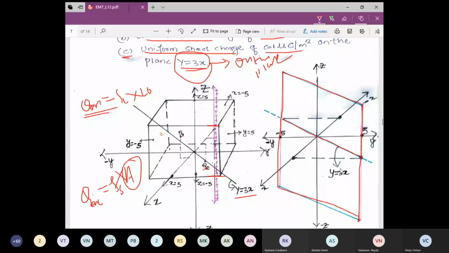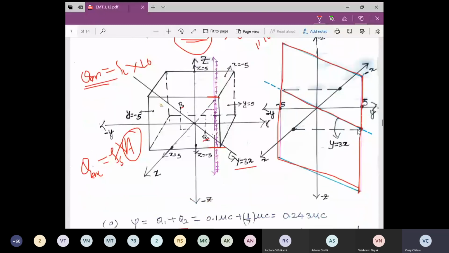One thing is very clear: we need to vary z, the upper part as 5 and the lower part as 5, because the height of this cubical surface is total 10. So I got to know what this length is. This plane is a rectangular plane. I got to know this length as 10.